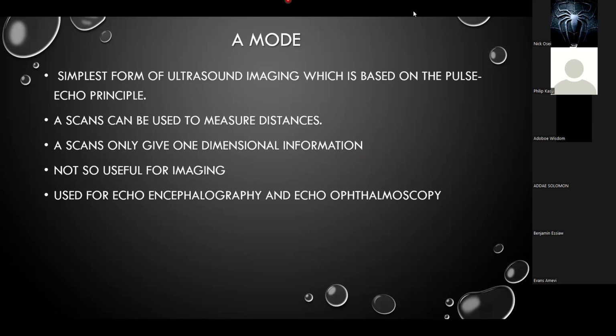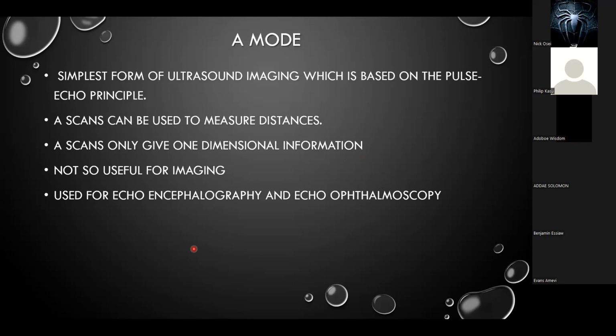So this is the simplest form of ultrasound imaging, which is based on the pulse echo principle. Now, A scans can be used to measure distances. So when you see A mode on any ultrasound scan machine, know that we use it to measure distances, okay?